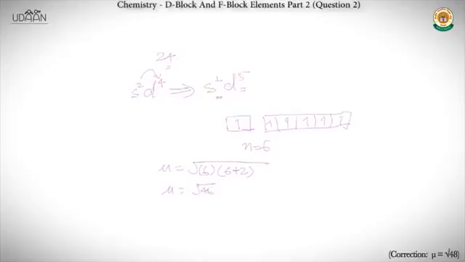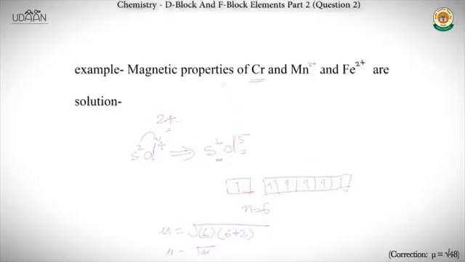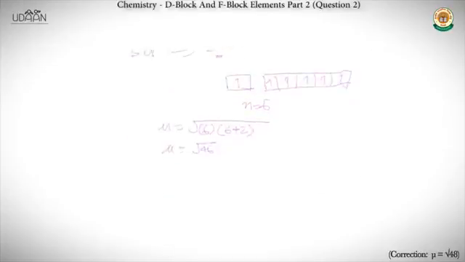Correct. Now we will calculate the magnetic moment of Mn2+. Mn has an atomic number of 25. So electrons in its subshells will be s2 and d5. Mn2+ will become s0 d5.